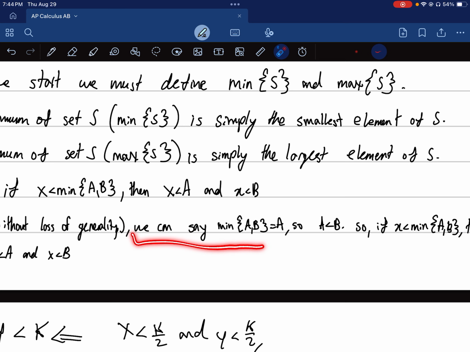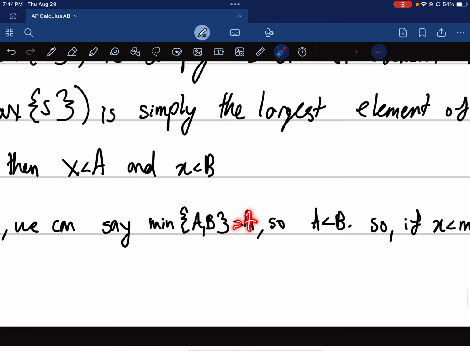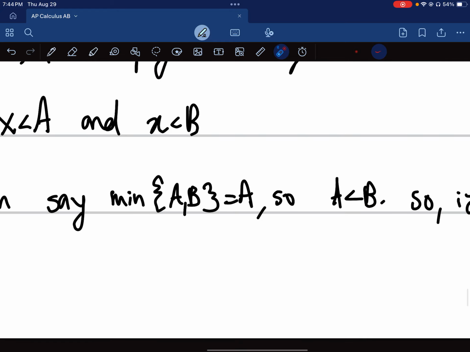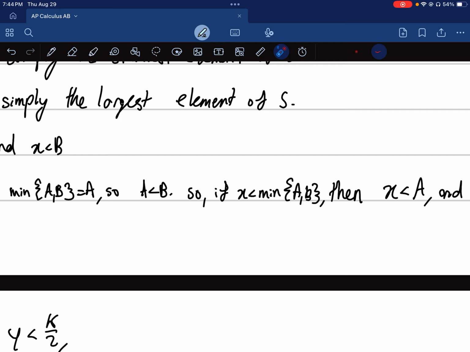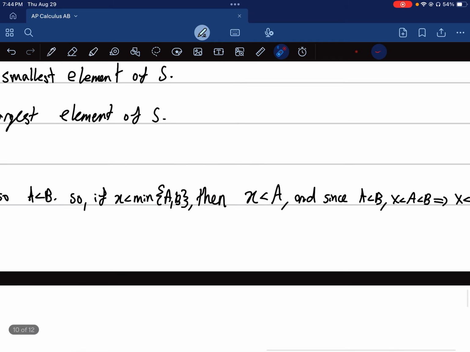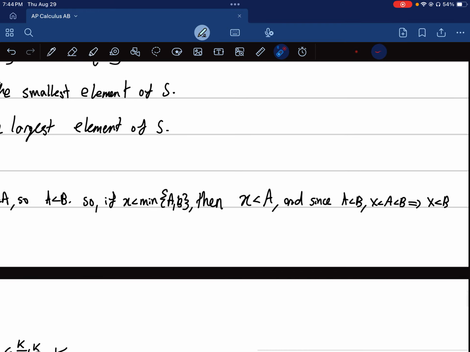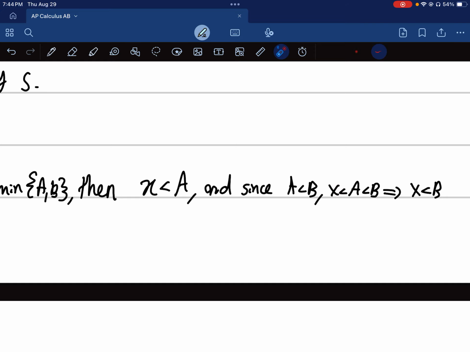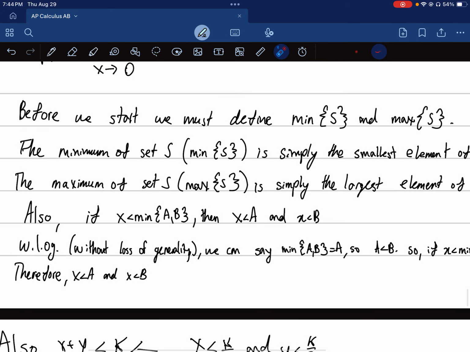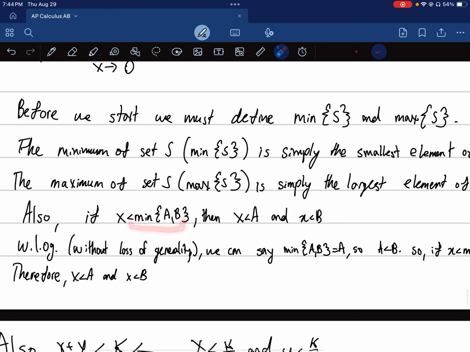So we can say that the minimum between these two is equal to A. If A is less than B, then the minimum between this is going to be A. So if X is less than the minimum between these two values, then X is less than A. But since we know A is less than B, then X is less than A is less than B. Therefore, X is also less than B. So we just proved that if X is less than the minimum of two numbers, then X is less than both numbers.